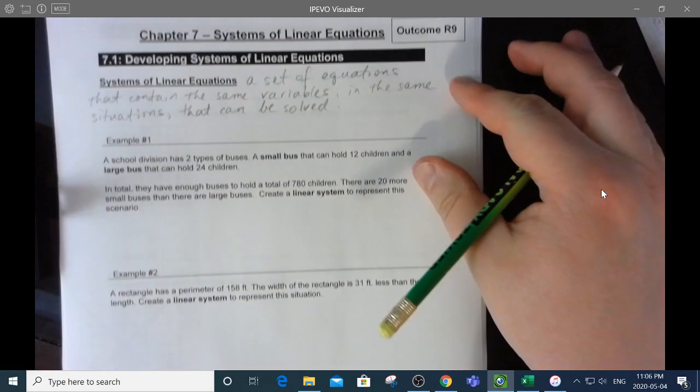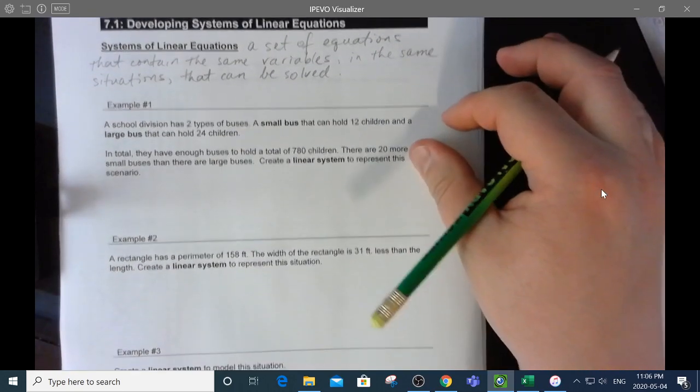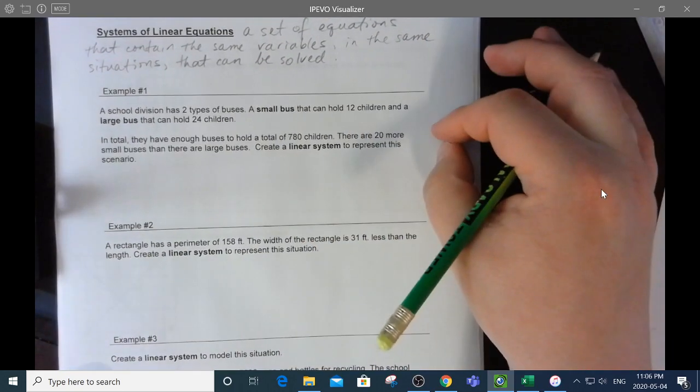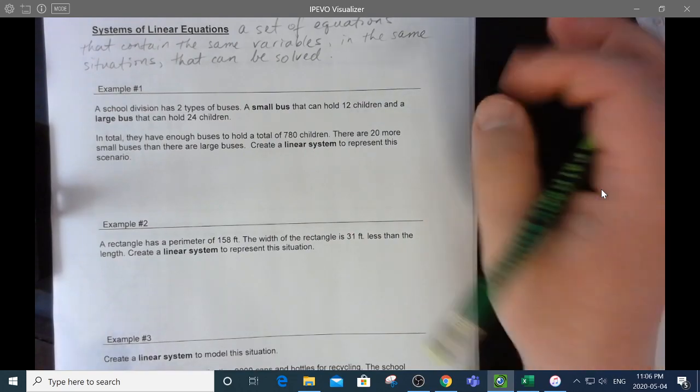So, example 1, we won't do any solving in this lesson, or this part of the first lesson. We'll just learn how to set them up.